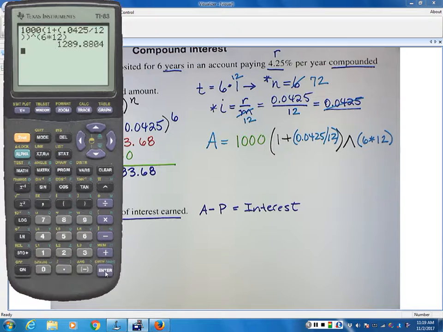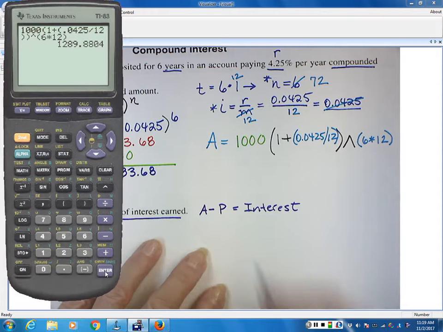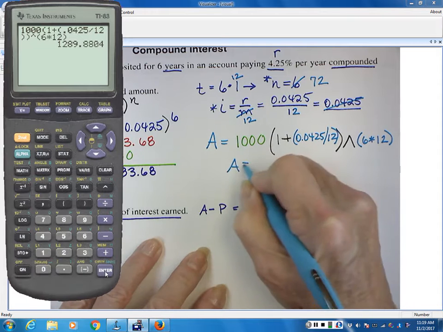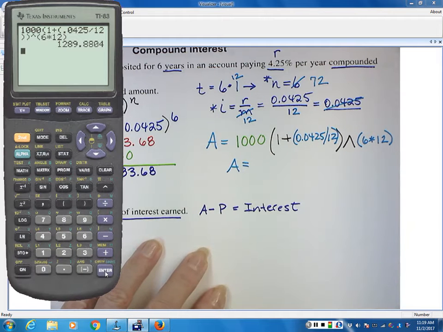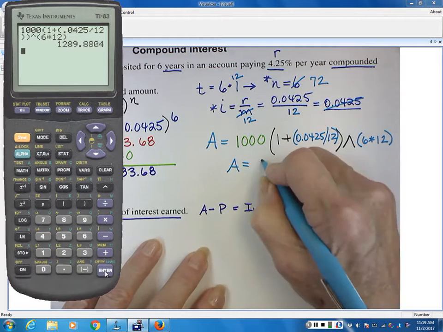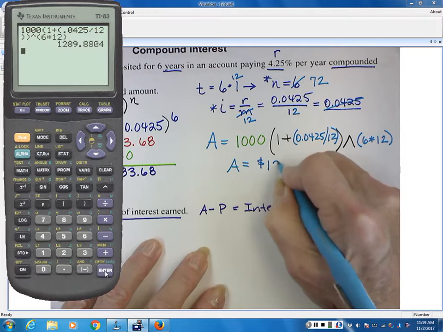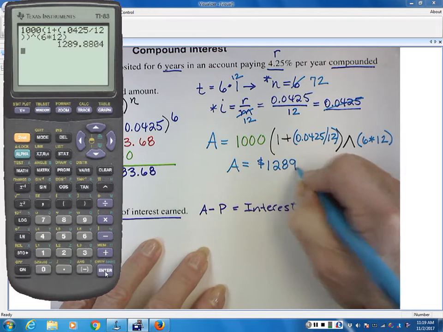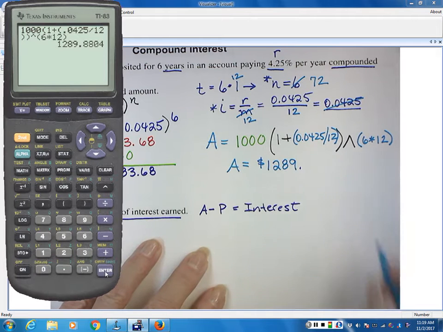And your future value now, your compound amount, is $1,289.88.